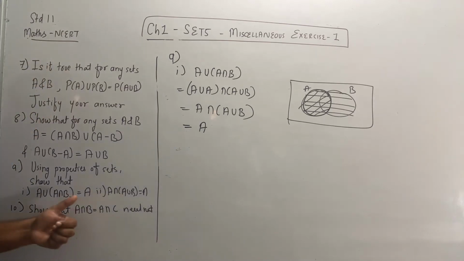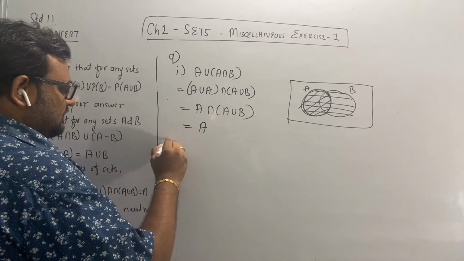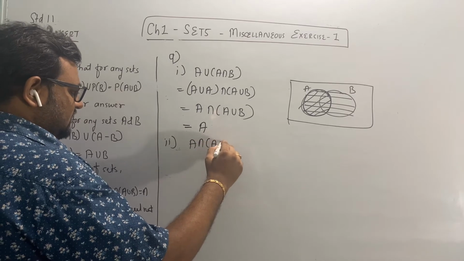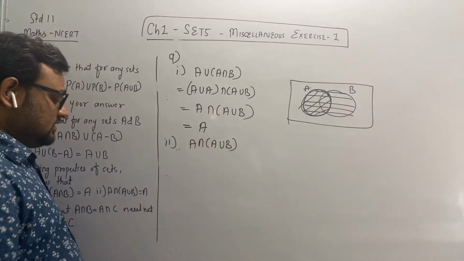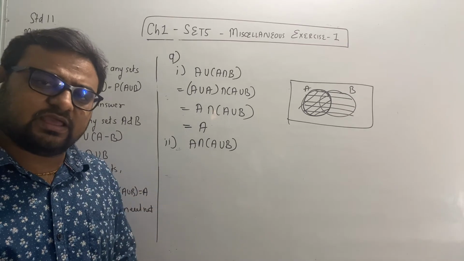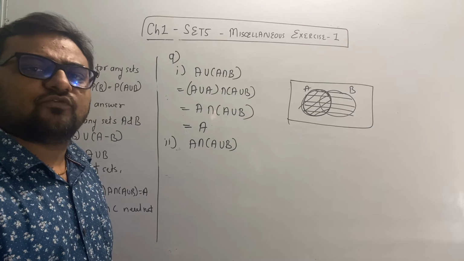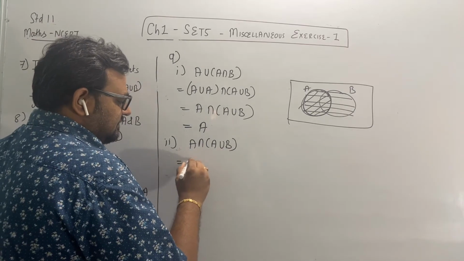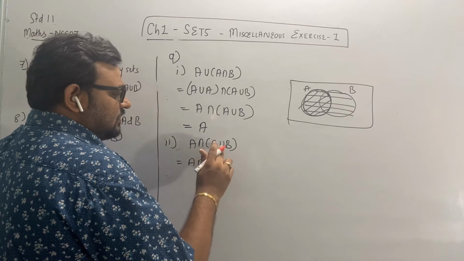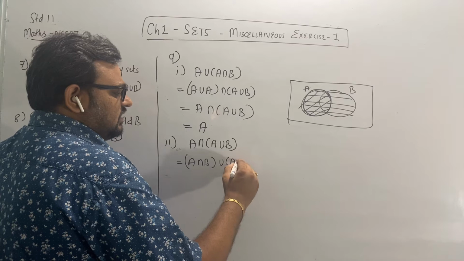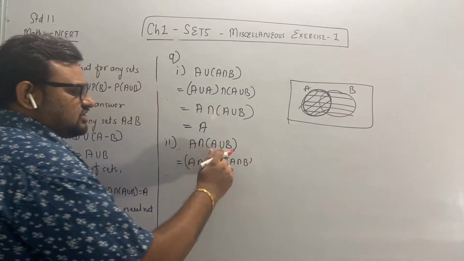Now let's take the second, A intersection A union B. This also you have to prove is equal to A. Again, I will take the law of distribution. A intersection A union A intersection B. Now this is intersection over union.